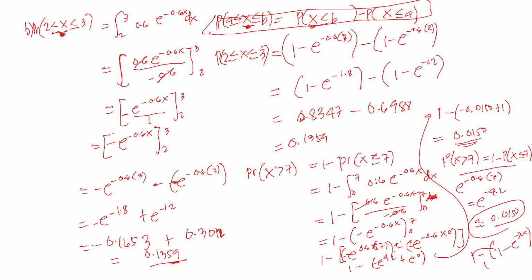So this will become 1 minus 1, and this becomes positive. So therefore e raised to negative lambda x. So therefore we could immediately substitute e raised to negative 0.6 times 7, because 1 minus minus. There are two ways here.